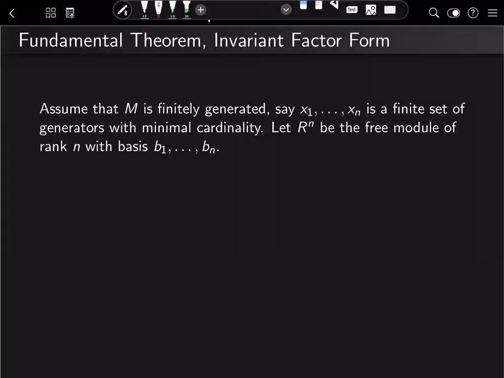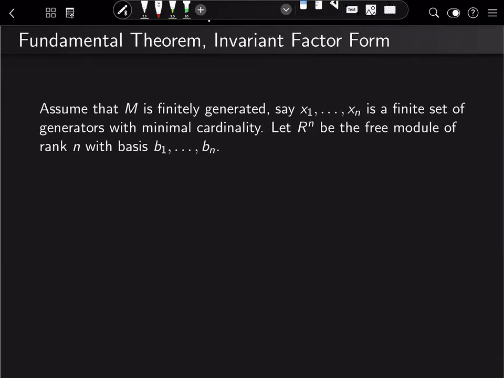So to begin, we'll assume that M, of course, is finitely generated, and we'll say that x1 through xn is a generating set of M with minimal cardinality. That just means that we don't have anything extra in it, because we can always add more elements to a generating set and keep its generating properties.